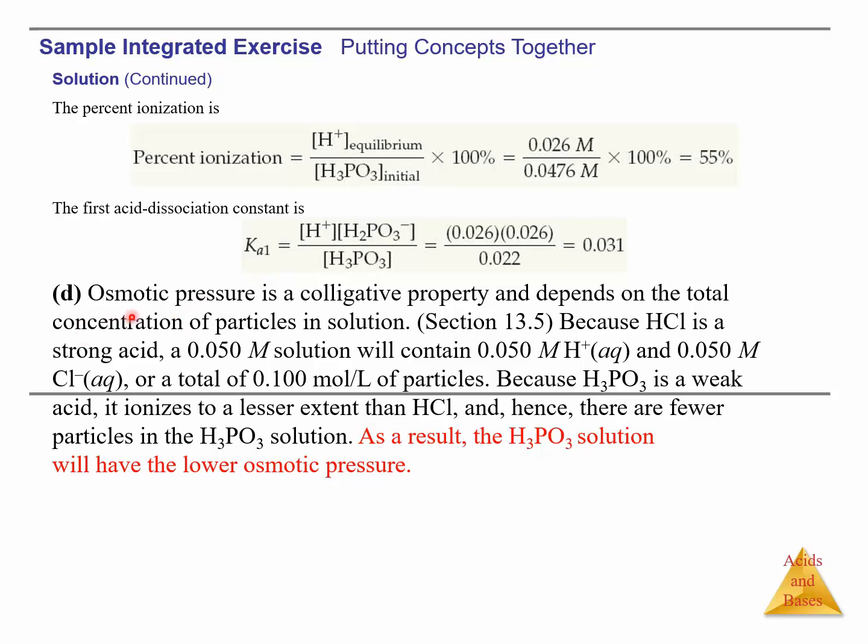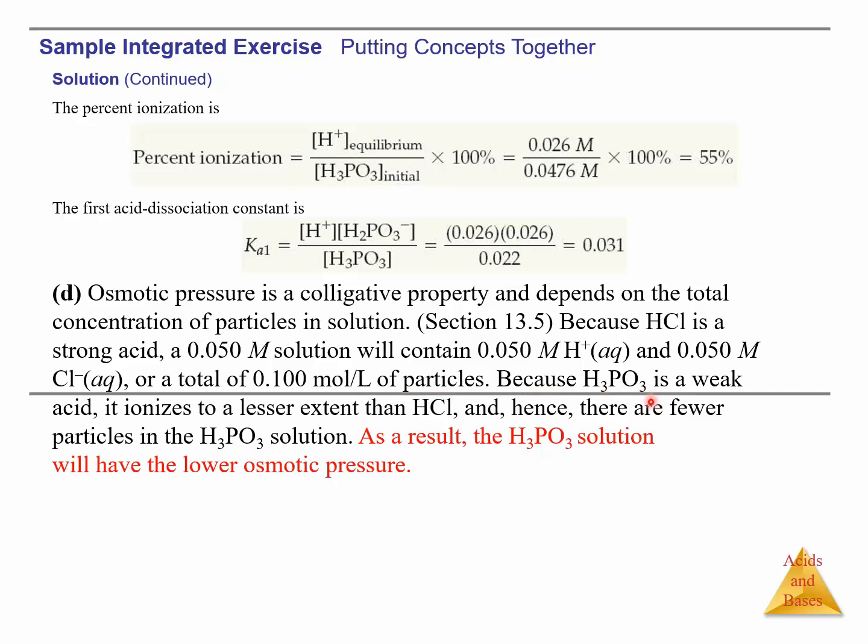Now, for part D, we learned that osmotic pressure is a colligative property and depends on the total concentration of particles in solution. Section 13.5, remember? And because HCl is a strong acid, a 0.050 molar solution will contain 0.050 molar H+ aqueous and 0.050 molar Cl-, or a total of 0.100 mole per liter of particles.